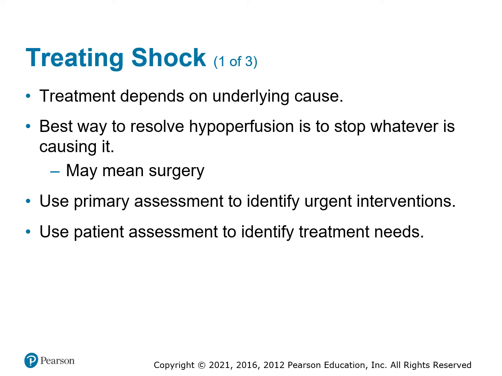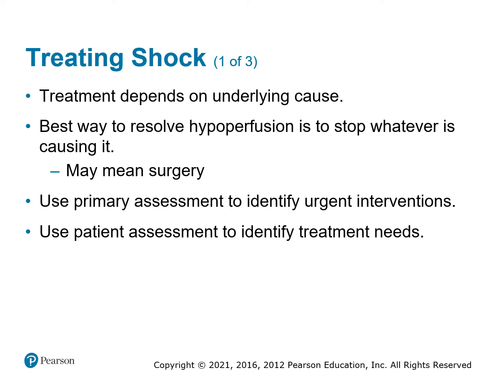And it's important to understand that sometimes it's not a problem that you can treat. The definitive treatment is short scene time, rapid transport, get them to where they need to be. If it's a volume issue with internal bleeding, that means that they need an OR. So you need to get them to the hospital where they can have surgery, stop that internal bleeding.